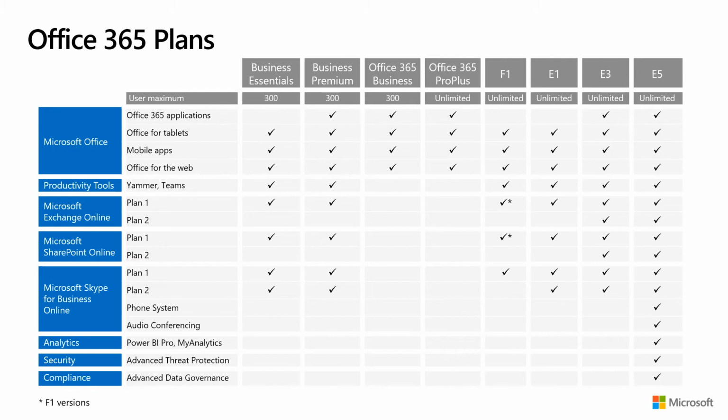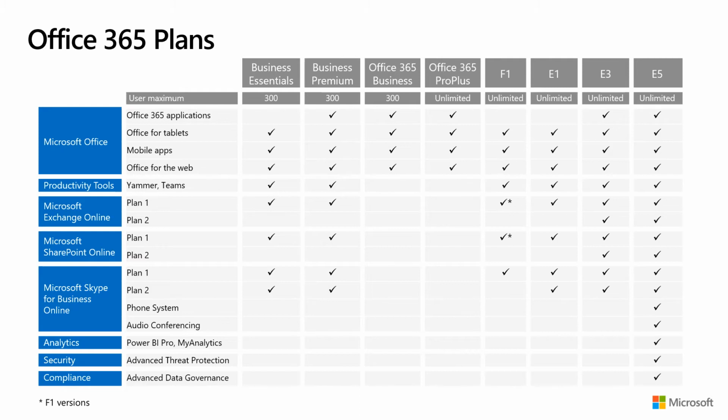So we said that these components can be acquired separately, but many customers do prefer to buy plans since there are often price benefits and it's a convenient and easier way to buy multiple licenses. The first 3 plans that you see are business plans, and you can think of these as aimed at the smaller customer since they're technically limited to 300 users for each plan.